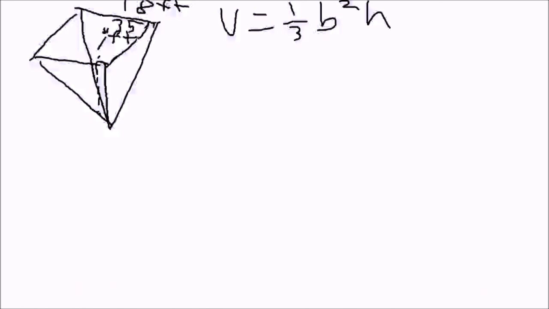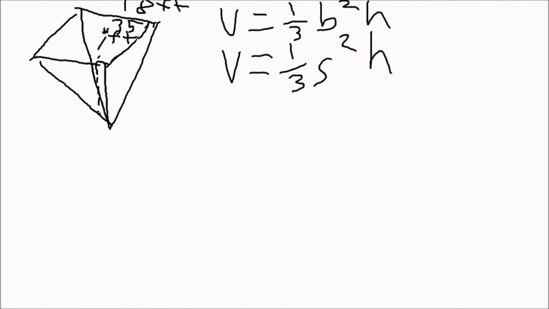The volume of a square pyramid is 1/3 base squared times height. In this case, the base is our side length, so the volume equation becomes volume equals 1/3 s squared times height.